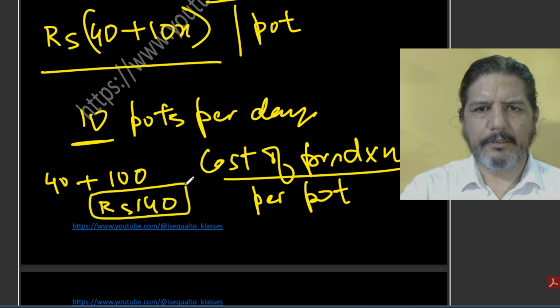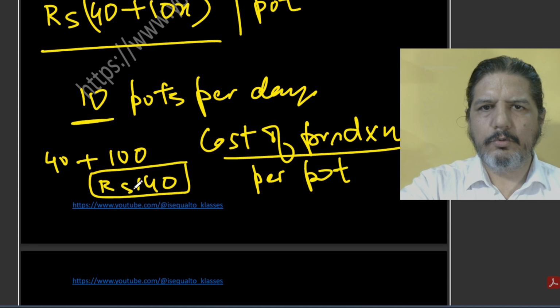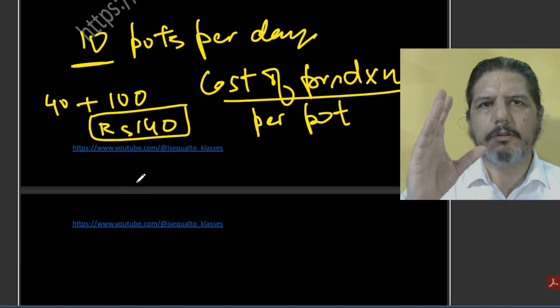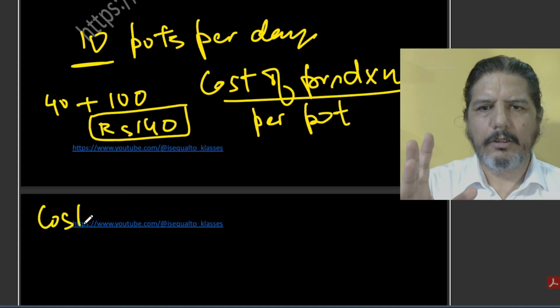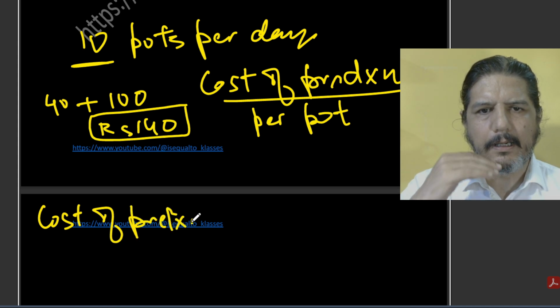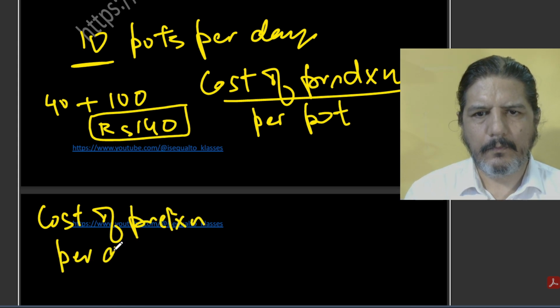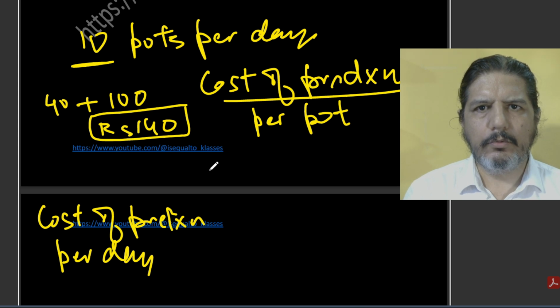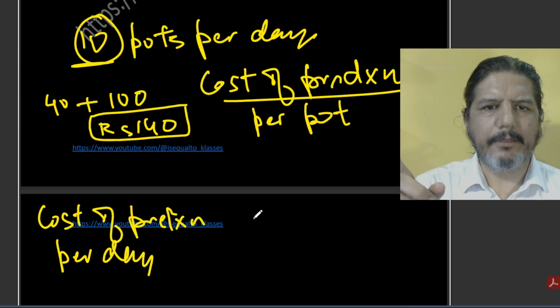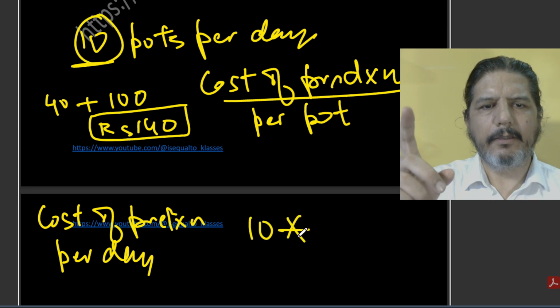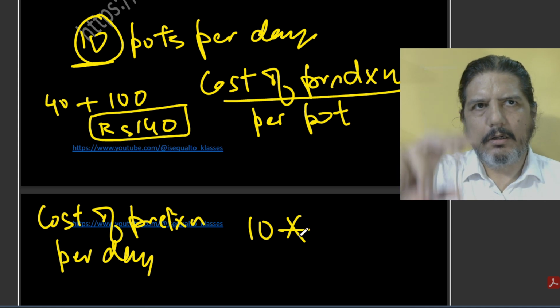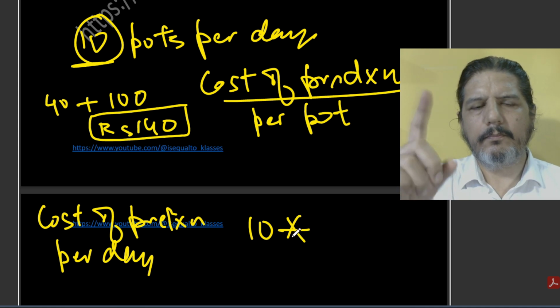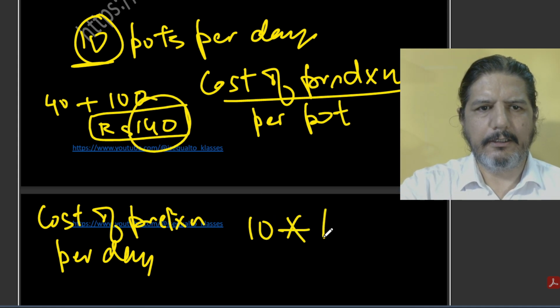So what I'm trying to tell you is that if you want to calculate his cost of production per day, it will be equal to the 10 pots per day he makes multiplied by the cost of production per pot, and that is rupees 140.